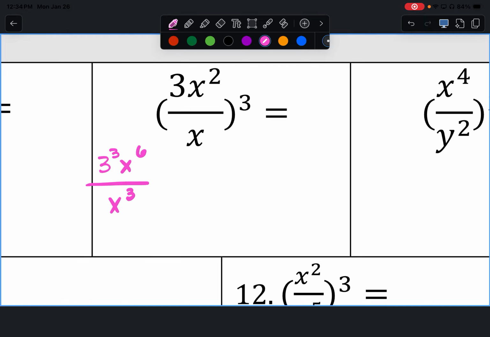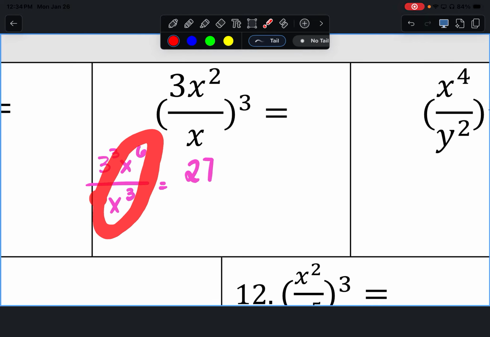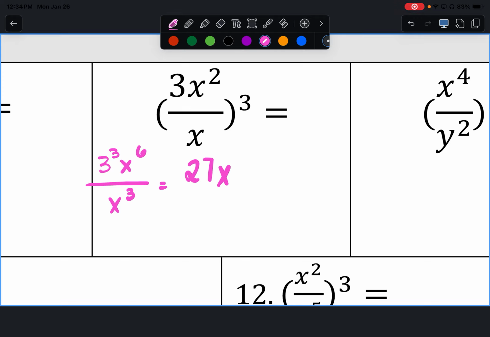X to the power of 3. Now, what is 3 to the 3rd power? Okay, what can I do with these two since they're both x's? Subtract our exponents to get x to the 3rd, because 6 minus 3 is 3.